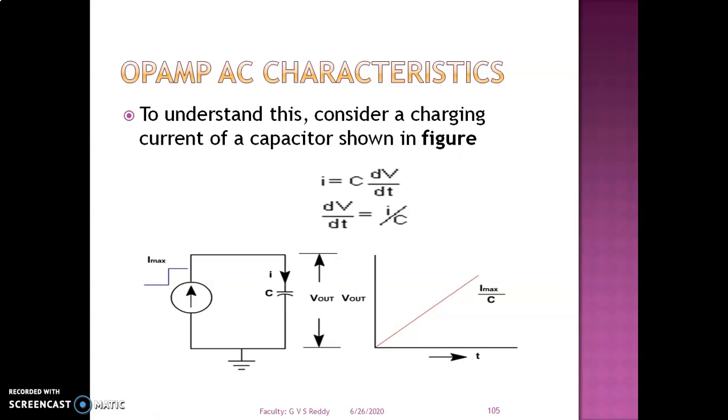So with respect to time, what is the change in output voltage? That is nothing but slew rate. For a small amount of time, the change within the output voltage tells us about slew rate. Slew rate tells us the rate of change of output voltage.